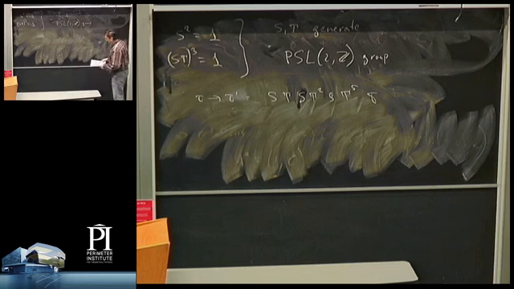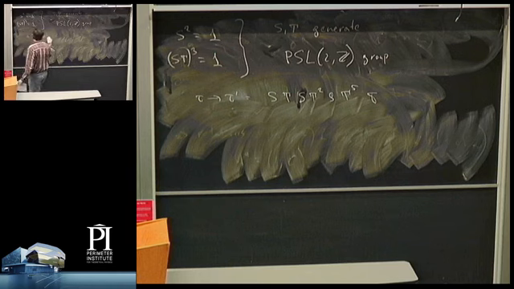So they generate this PSL(2,Z) group. Again, the idea is that you have these two generators, and I act on tau in all possible ways, right? So in all possible combinations. So for example, I can start with tau, and I can go to tau prime, which is ST squared, and then ST to the fifth acting on tau, right?